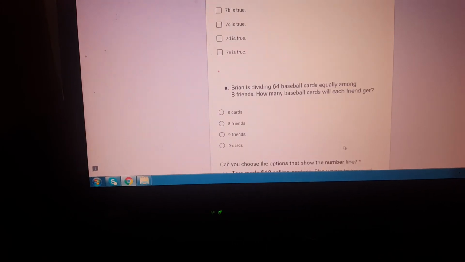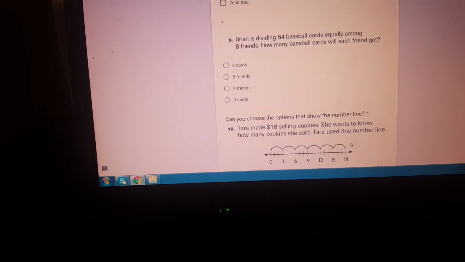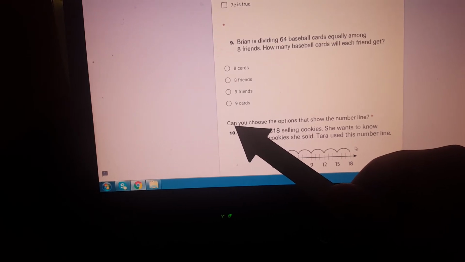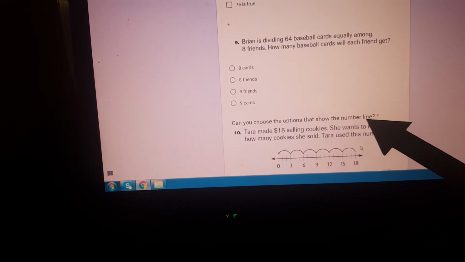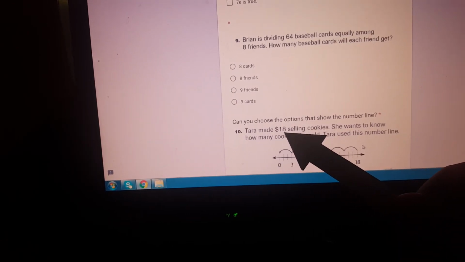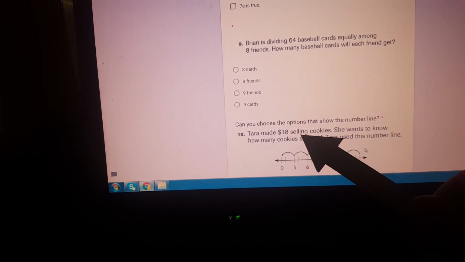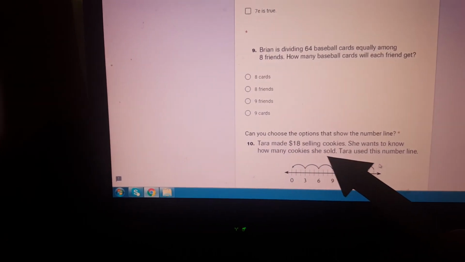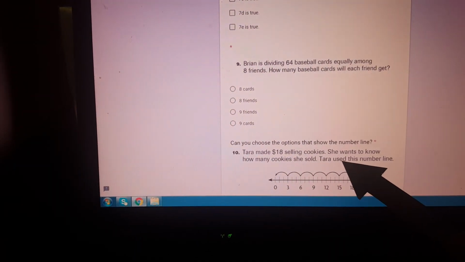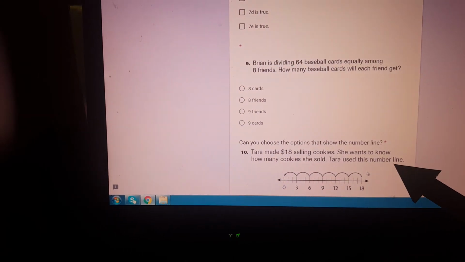We are moving on to number 10. Number 10 has a little bit of a hint right here. It says, can you choose the options that show the number line? Tara made $18 selling cookies. She wants to know how many cookies she sold. Tara used this number line.